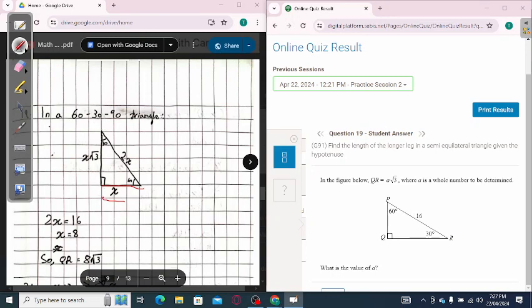The hypotenuse, facing the 90-degree angle, is 2x, and the side between the 30 and the 90-degree angle is x radical 3. Or you could just say the opposite of the 60-degree angle is x radical 3, and the opposite of the 30-degree angle is x.